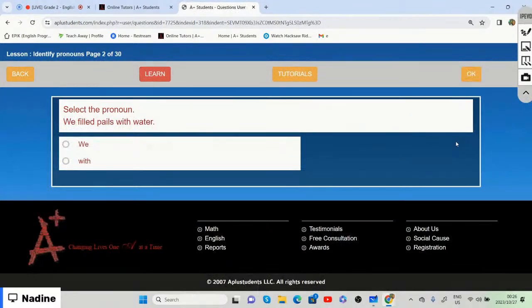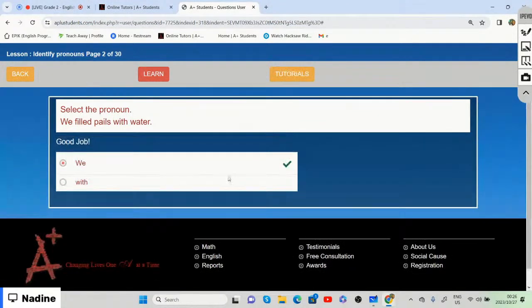We filled pails with water. So that is true.